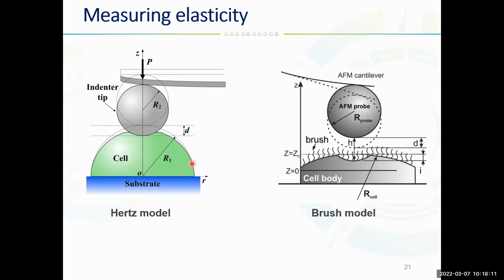So it is a bit hard to compare them, but again, it depends on what kind of question you are asking. The Hertz model is a good model if you don't have big deformation of a cell membrane, but if you need to calculate big forces, it is better to use the brush model because it also takes into account these proteins here and their elasticity as well.